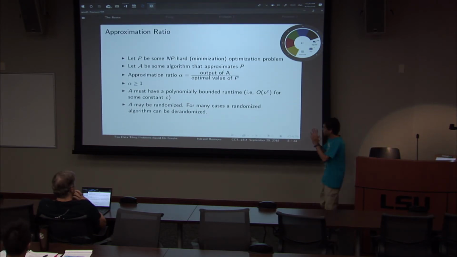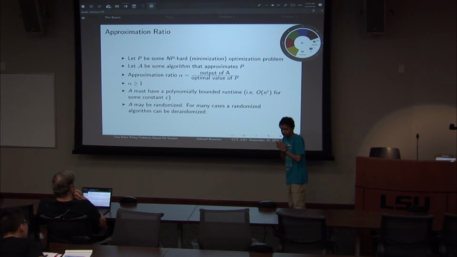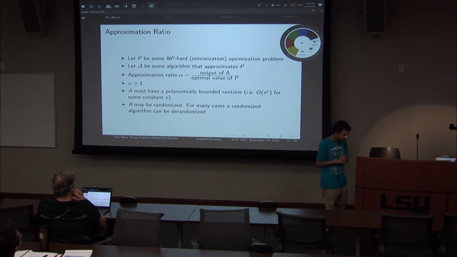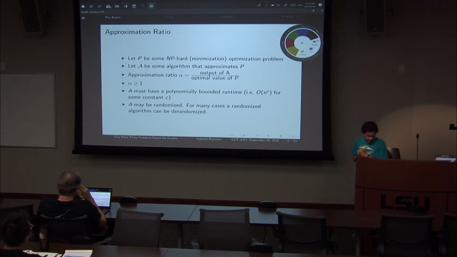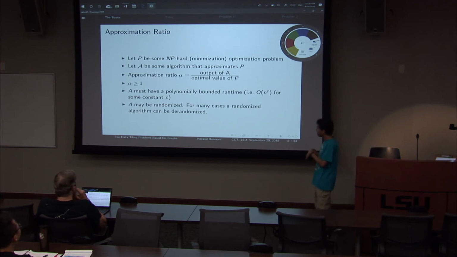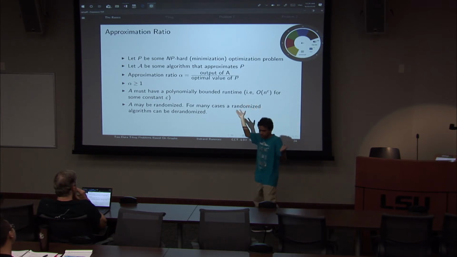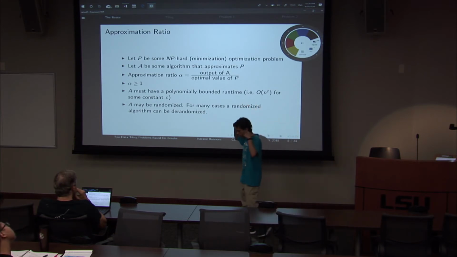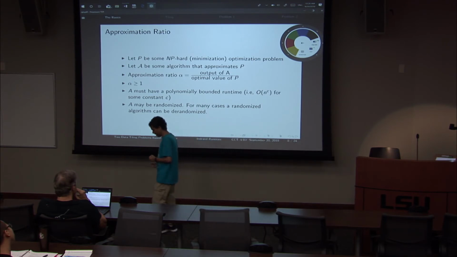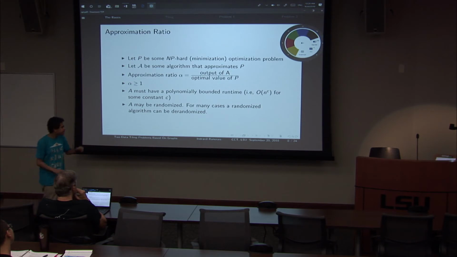So that's a good segue to what approximation is. Suppose P is some NP-hard optimization problem, as I was talking about here, and A is some algorithm that approximates P. What I mean by approximates is this. A outputs some value. Remember, we are trying to minimize something here. I can define the maximization problems in a similar way.